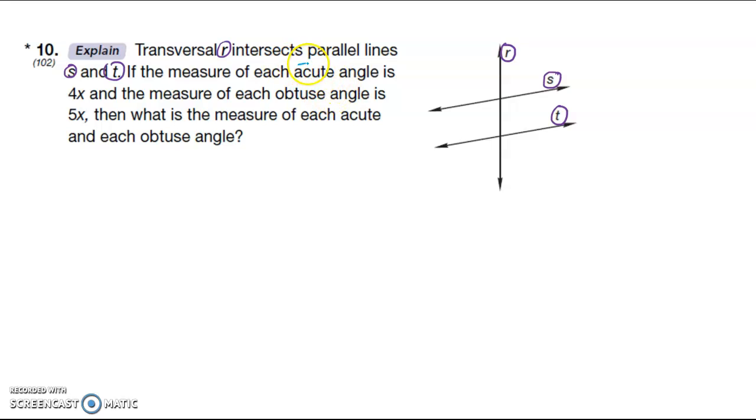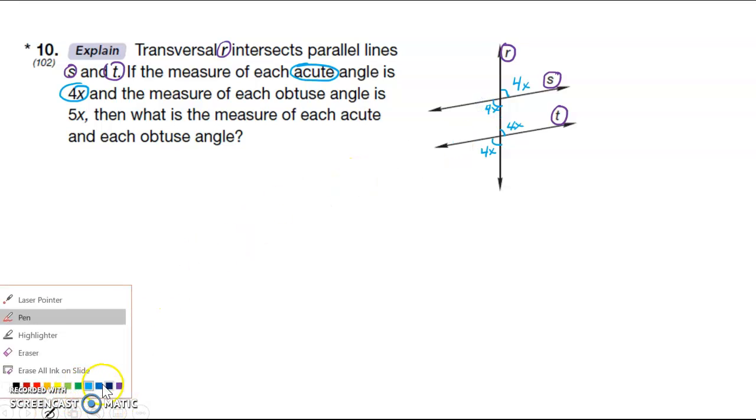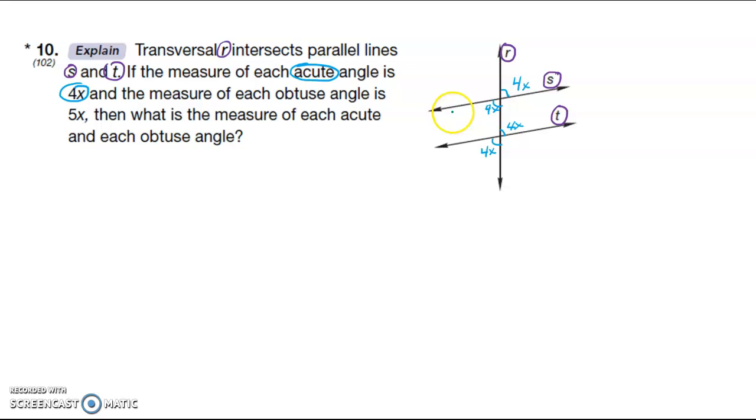Let's do blue for acute. So acute means less than 90, so this is going to be 4x, and let's see, this will be 4x, which makes this 4x, and this 4x, and then let me pick a different color for obtuse. We'll do green.